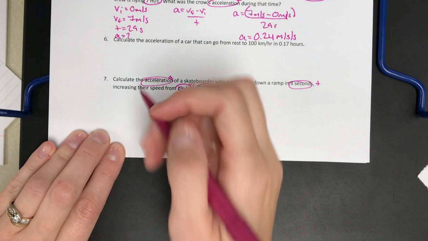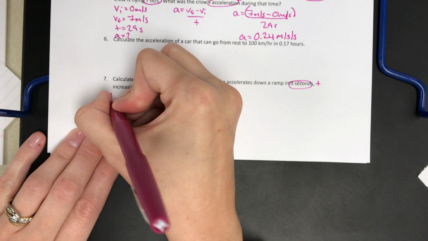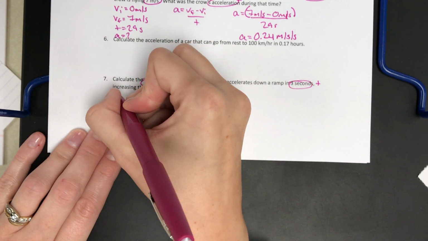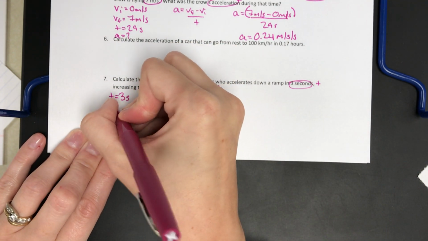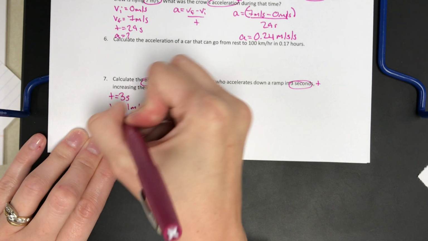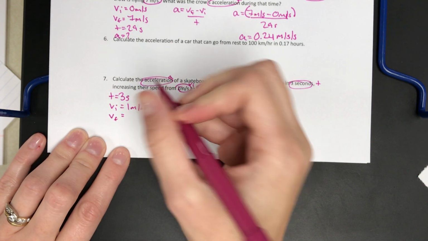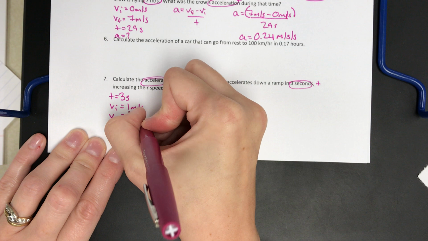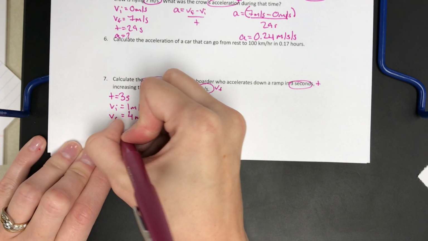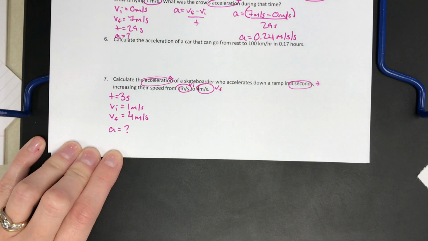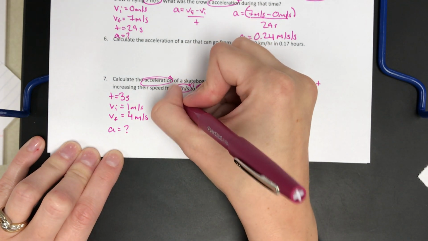So then write down your givens. Time is 3 seconds. Initial velocity is 1 meter per second. Final velocity is 4 meters per second. Acceleration is what we're solving for. Set up the equation.